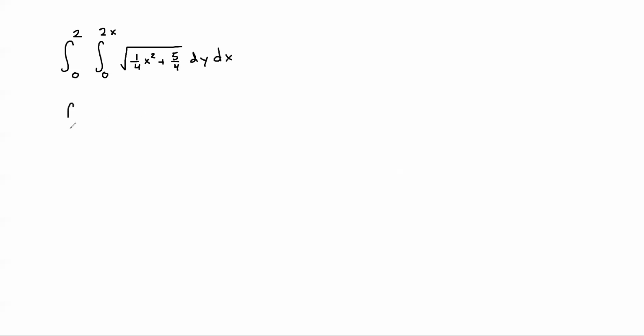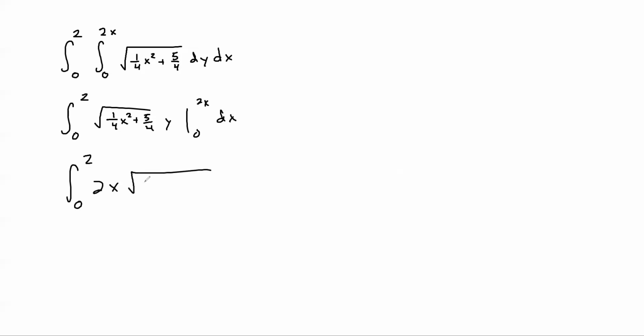So the antiderivative of that with respect to y is just going to be that times y, from 0 to 2x. Plug in 2x, we get 2x times the square root of 1/4 x squared plus 5/4. Plug in 0, you get 0. And so that becomes our integral that we need to evaluate.